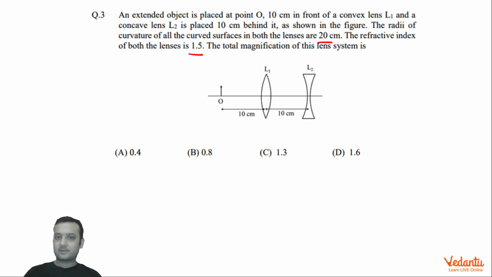If R is 20, this is of 1.5 and kept in air, then f will be equal to R. So in this case, f will also become 20 centimeters, positive for convex lens and negative for concave. Let's call this f1 and this f2. F2, the focal length of concave lens, will be -20 centimeters.